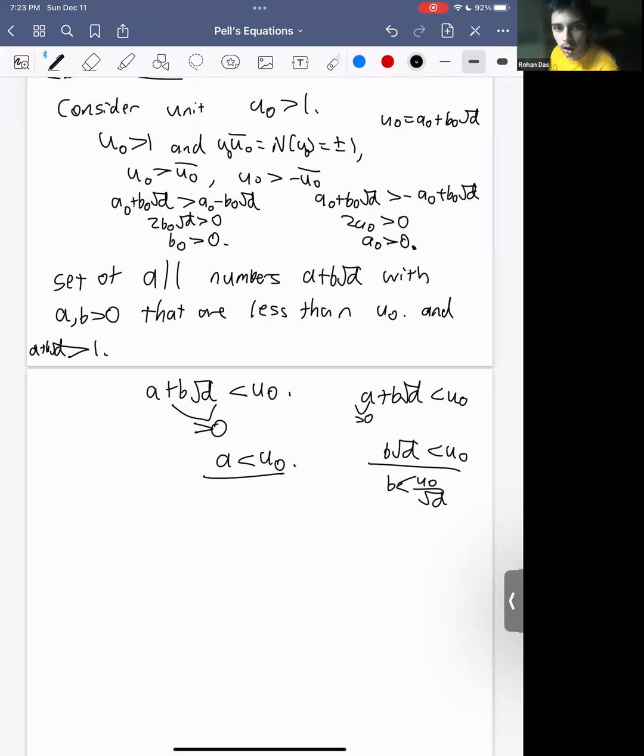Now we can pick the smallest out of all of these. We call this um equals am plus bm root d. The m is for minimum. And this is the smallest unit greater than 1.